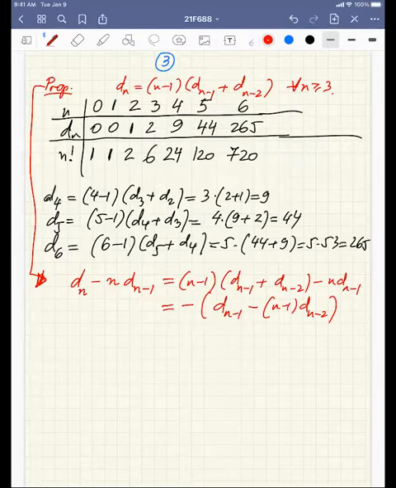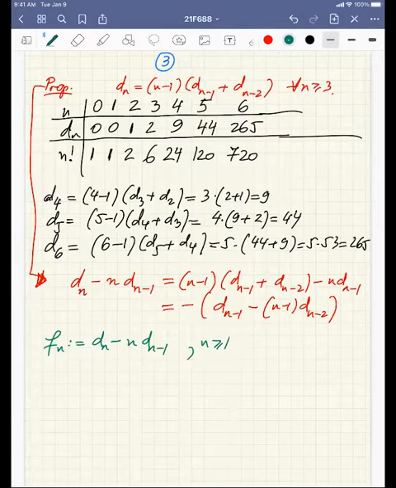So here there's something going on, and we can create a new sequence. Let's call it f_n, which is by definition f_n equals d_n minus n d_{n-1}, for n greater or equal to 1.